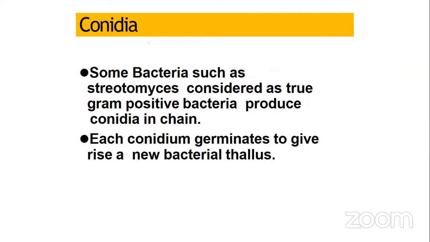In some bacteria, such as Streptomyces, considered a true gram-positive bacterium, conidia are formed like a chain, a conidia chain. Endospore formation is also in gram-positive bacteria. I will show the diagram later. Each conidium gives rise to a new bacterial thallus.